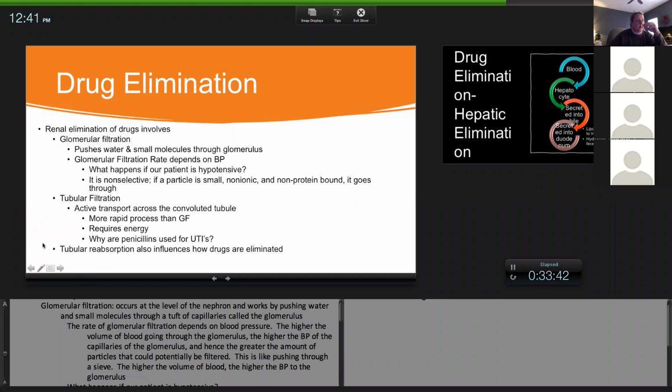Now, if you remember, the GFR, glomerular filtration rate, that's the rate that the filtrate is produced, depends on blood pressure. When I talked about the nephron ages ago with you guys, blood comes in under pressure. It's through the arterial system. But for example, if we have hypertension or high blood pressure, it's going to increase glomerular filtration rate.